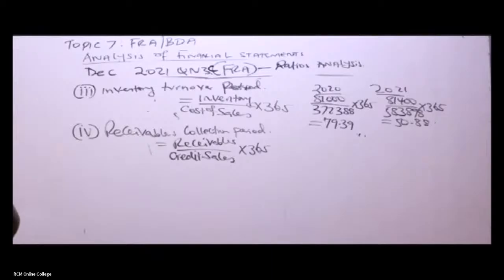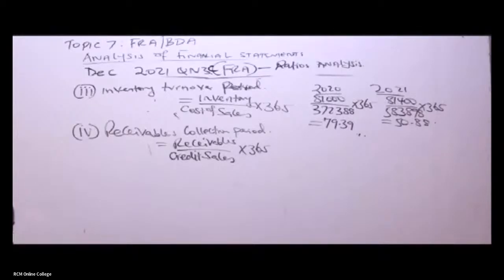So they're giving me a figure of 73. And then the other one is 91. Great. So remember, in terms of receivable days or receivable collection period, you take the receivables.